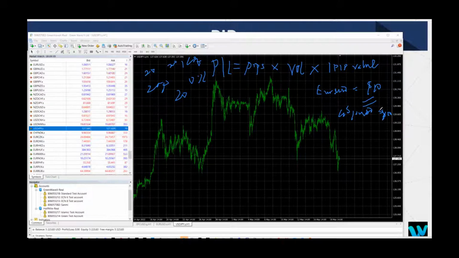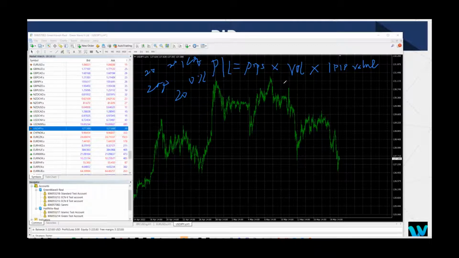But other ones are not $10, they are different. All those currency pairs that end with US dollar have the same pip value, which is $10. That's what a majority of traders hold on to, because that's what they were taught, that one pip is $10. But it's not the same for all currency pairs.